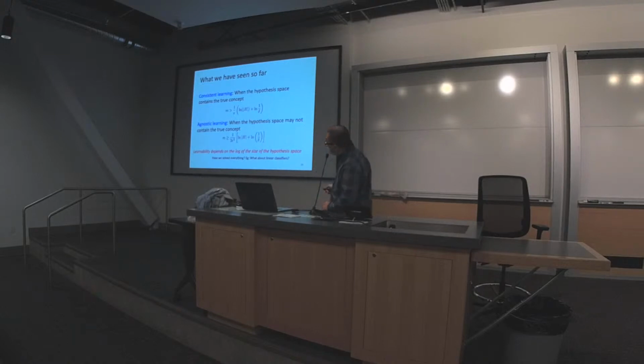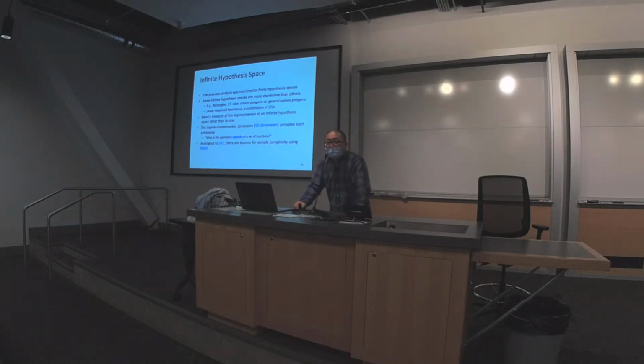In that case, the logarithm of the size of the hypothesis space will be infinity, right? And then your sample complexity bound is actually nonsense. It's not meaningful at all, right? You will say, okay, if m is bigger than infinity, well, you can get whatever error level under whatever confidence level, right? Infinite elements.